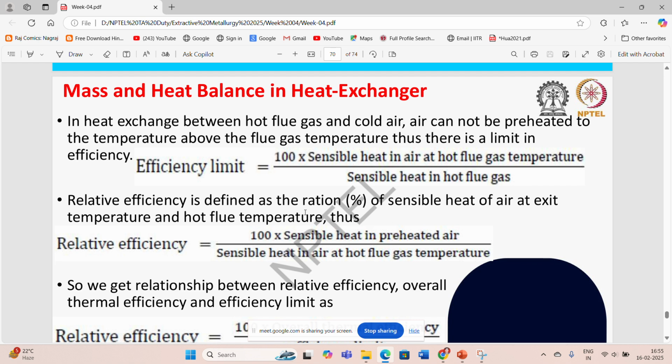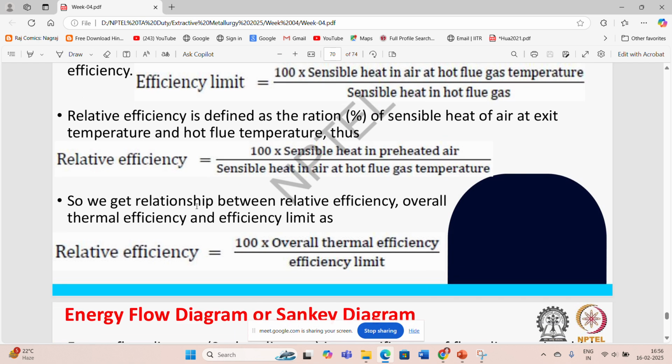Relative efficiency is defined as 100 times the sensible heat in preheated air divided by the sensible heat in air at hot flue gas temperature. So we get the relationship between relative efficiency, overall thermal efficiency, and efficiency limit as: relative efficiency equals 100 times overall thermal efficiency divided by efficiency limit.